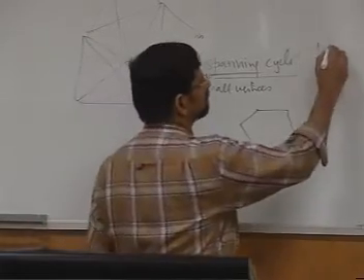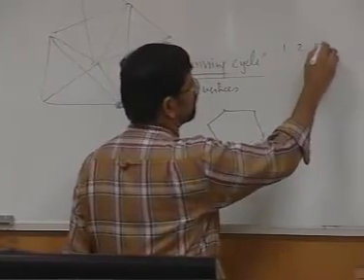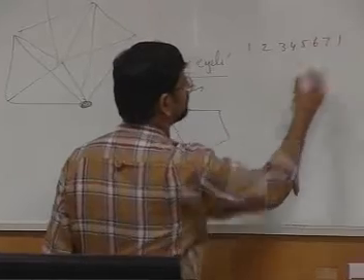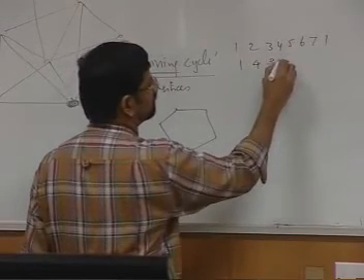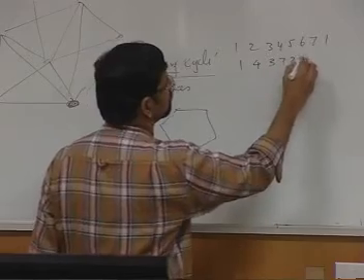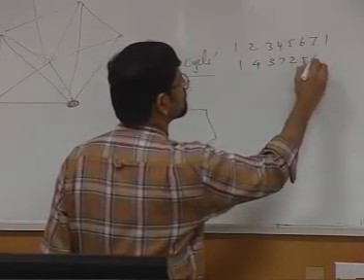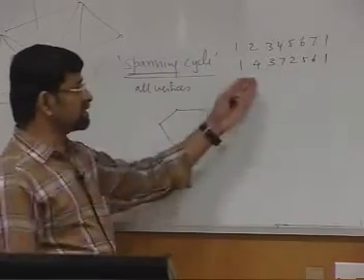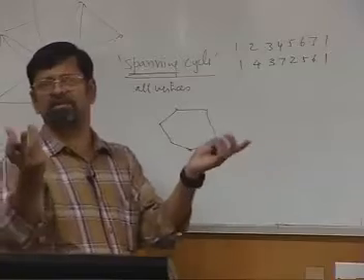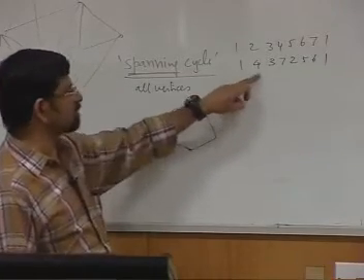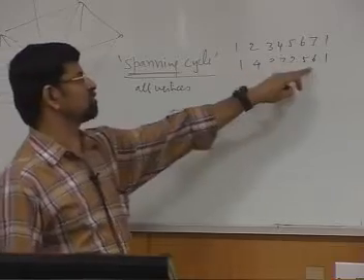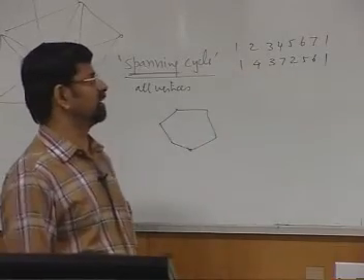You start from 1, go to 2, to 3, to 4, 5, 6, 7 and back to 1, or you can go from 1 to 4, 4 to 3, 3 to 7, 7 to 2, 2 to 5, 5 to 6, 6 to 1. Even this is possible because all edges are there. You take any two vertices, there is an edge. So you can first visit from city 1 to city 4, 4 to 3 and so on. So this is the interpretation of it.